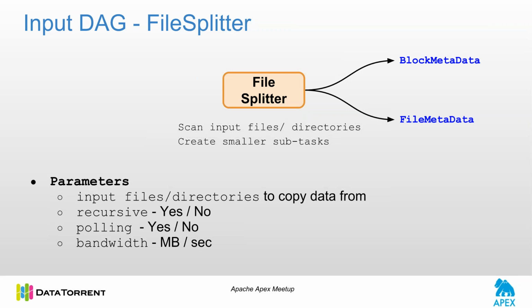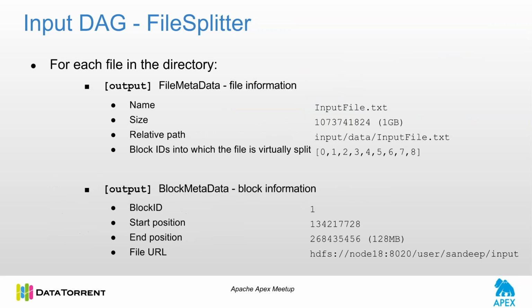What it emits: first, it emits the block metadata, which is passed on to the block reader, and these are the smaller subtasks created by the file splitter. The file metadata is the overall bigger information that is passed on to the synchronizer to understand what the bigger file is.